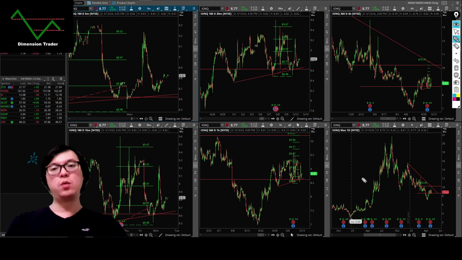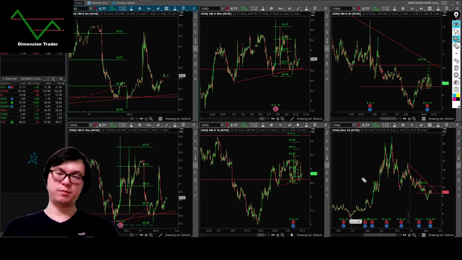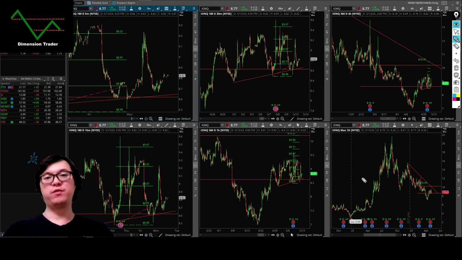And how long can you hold this position? How many risks are you willing to take? 1% of your funding capital or 0.5% of your funding capital? By calculating with the 1%, $1,000, 1% will be $10. Excuse me. And with the $8.48, you're probably holding one share for this stock.